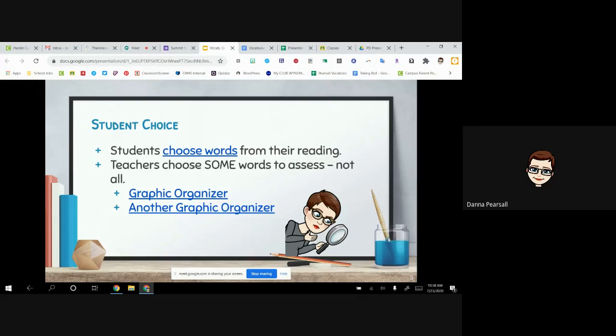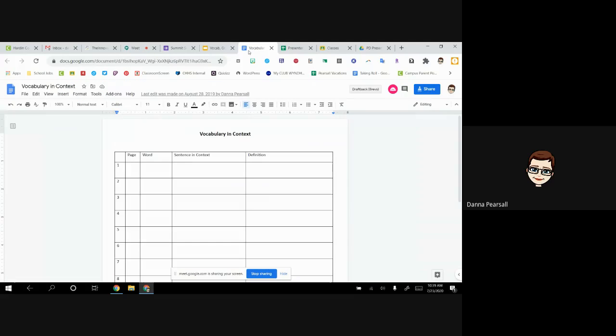And then when you assess those words, to make it easy on you, you choose one or some of the words to assess, not all of them. So, for example, one thing that was probably my favorite way to do is they would submit to me their words, either on Classroom.